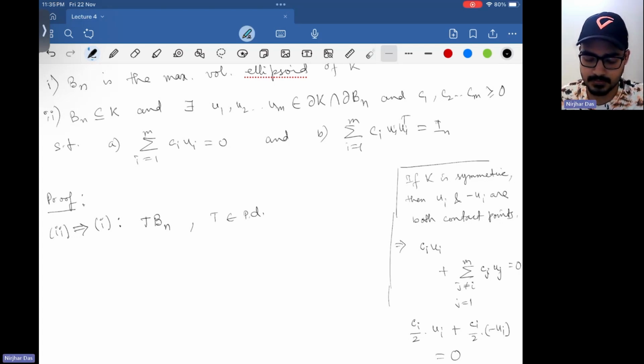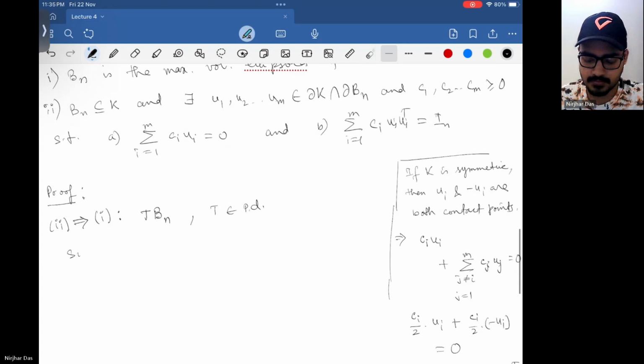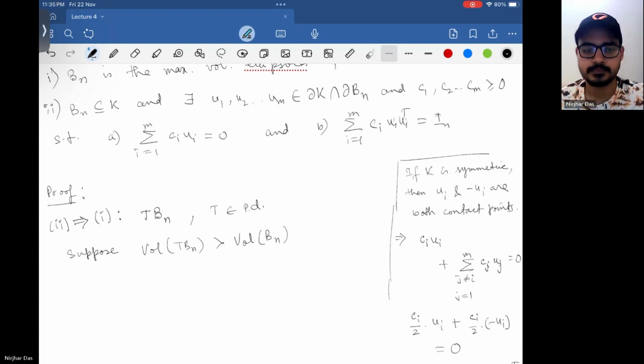So suppose this is an ellipsoid of even bigger volume than Bn. Suppose volume of T Bn is greater than volume of Bn, right? So this basically implies that determinant of T is greater than 1.